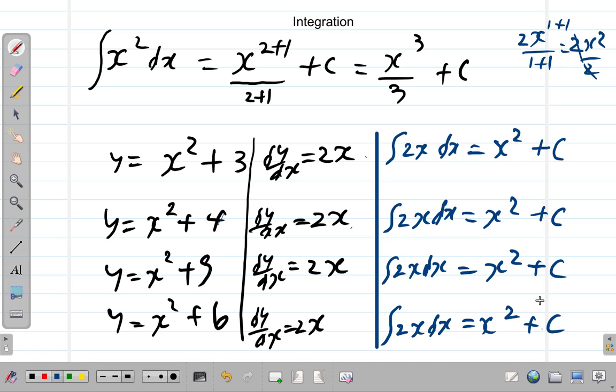So that's the constant of integration there. So you must always put plus c, plus k or whatever it is, plus some constant. After you integrate, you must put the plus, well, in my case here, the plus c. So remember, the integral of 2x is x squared plus c.